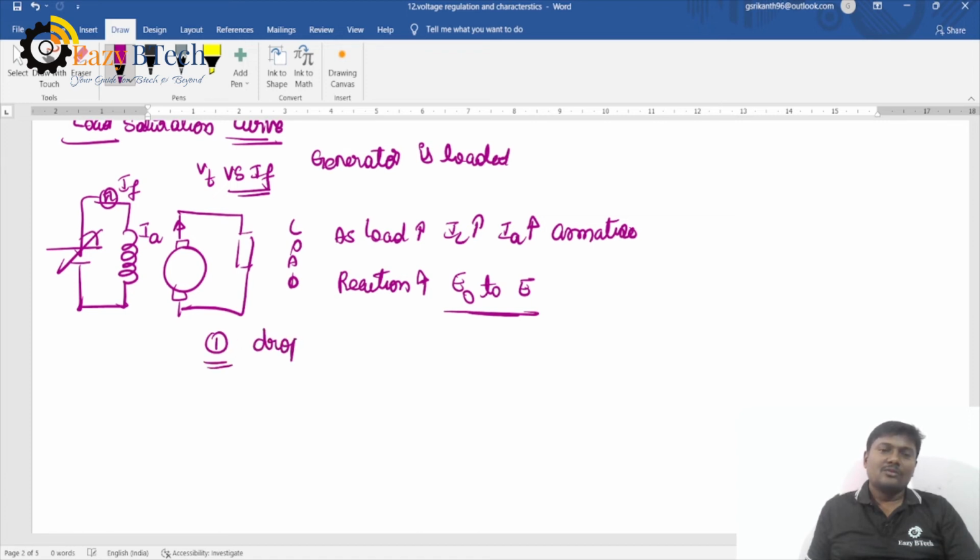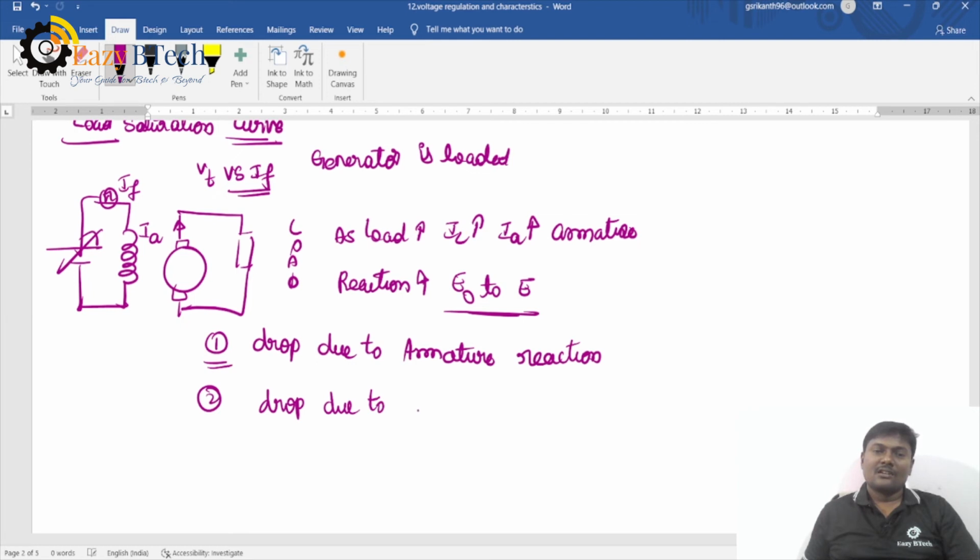Drop due to armature reaction, that is called the first drop, and the second drop is drop due to armature resistance, and the third drop is reduction of field current due to 1 and 2.